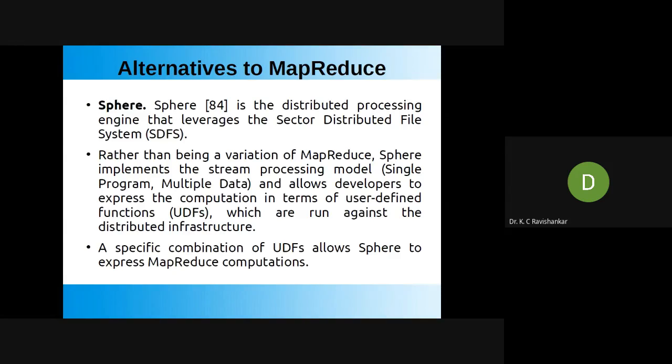A stream is a data structure that provides access to a collection of data segments, mapping one or more files into the SDFS. A specific combination of UDFs allows Sphere to express MapReduce computation.